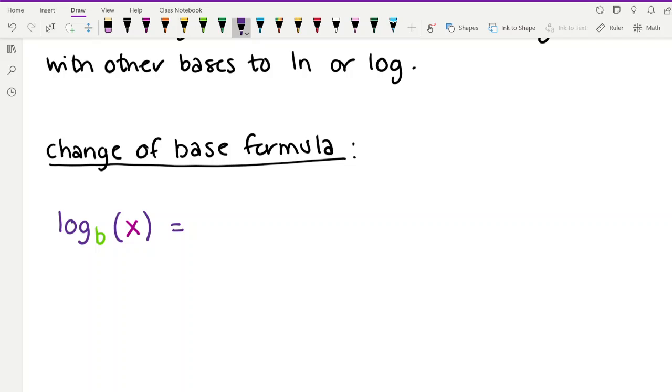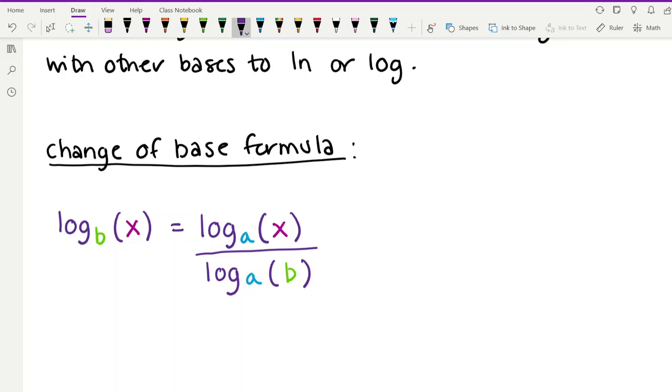The way you can convert this logarithm to a base of a instead of a base of b is that in the numerator, you take log base a of that same number, so it's still log base a of x. Then you divide that by log base a of the original base b. So this is the change of base formula.